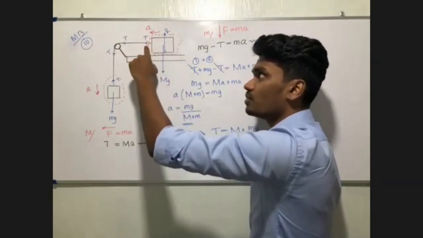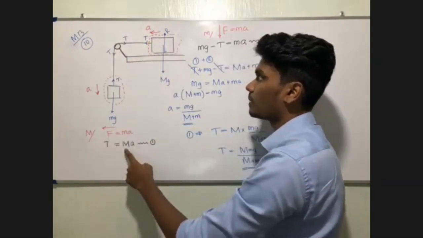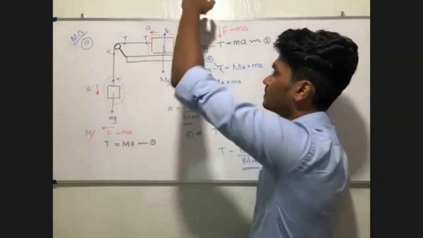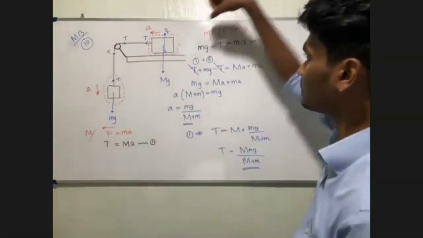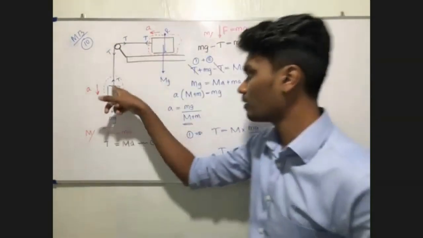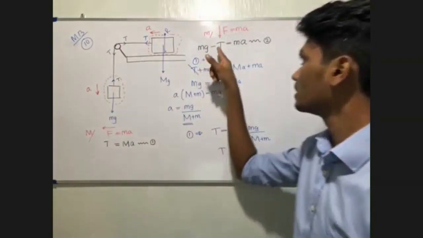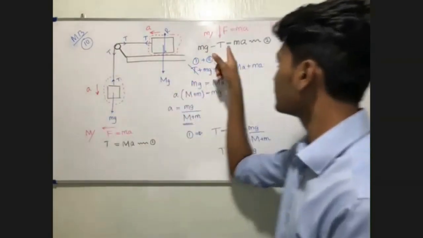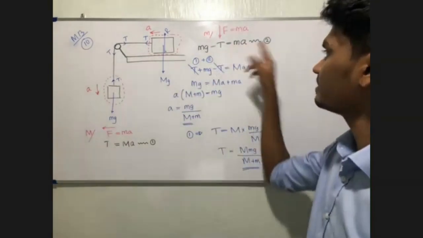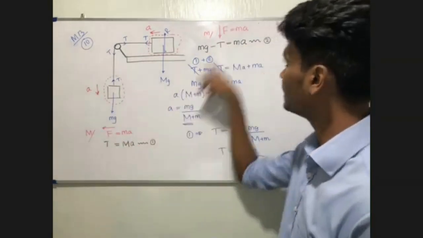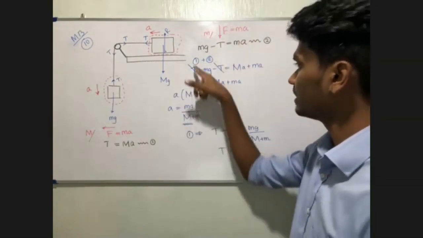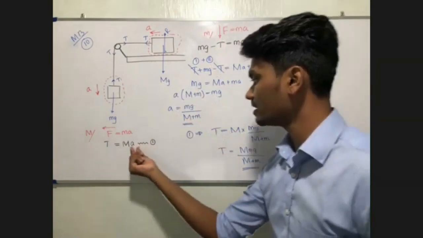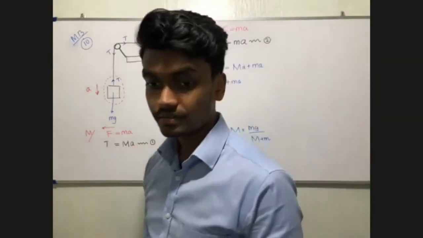The mass is capital M, acceleration is a. For simple m, since it is moving downwards, I applied F equals ma downwards. The downward force is mg, the upward force is minus T. The mass is simple m, the acceleration is a, right? Therefore, I added both equations, cancelled T and got an expression for a, and I substituted a here and got an expression for T, right?